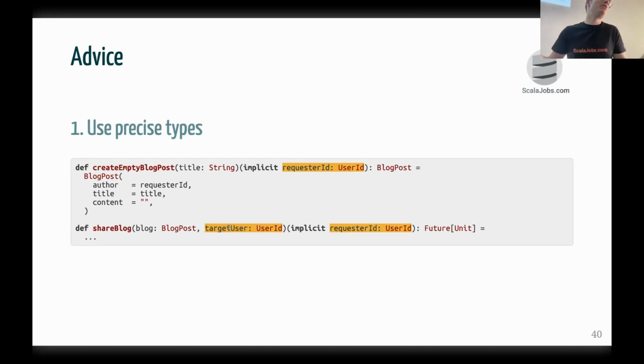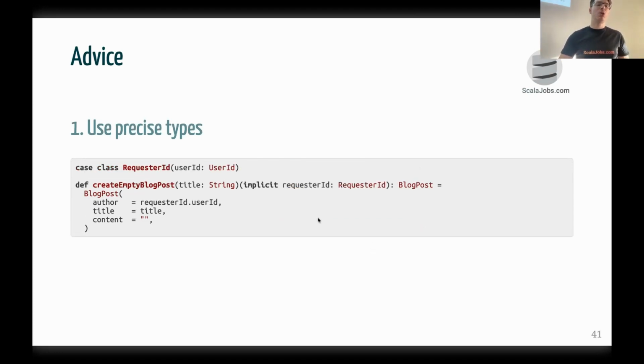I mean, the compiler will be fine with it, but you have the chance that you may put it in the wrong place. And in that sense, I would say a safer way to deal with this is to create a wrapper type, again, like RequesterId that wraps the user ID. And then you say that the requester ID is only used to store the user ID that created the request. So it's a simple technique, but it helps in practice.